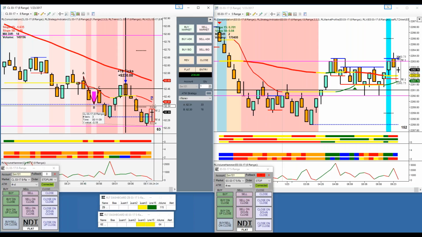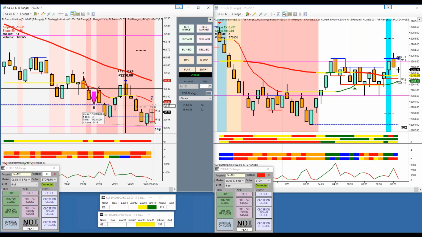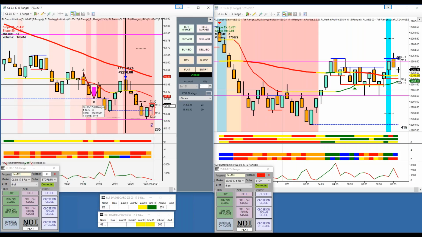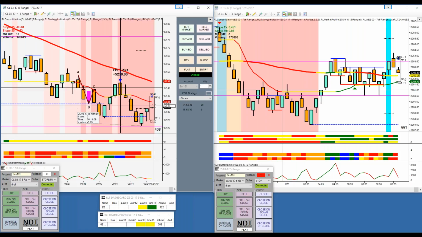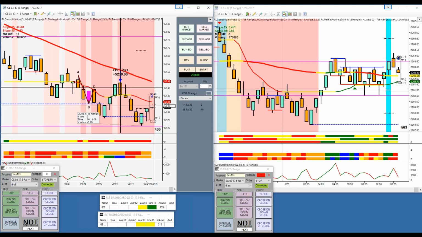We're looking for a crude up close. Now we're 3 ticks off resistance.